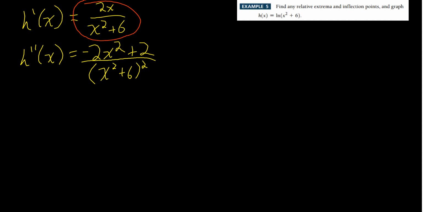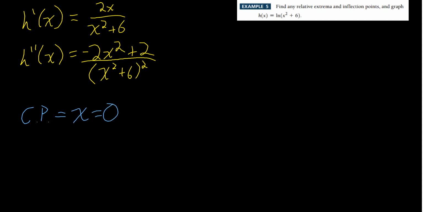However, the numerator will be 0 when x is equal to 0, because 2 times 0 is 0, and then 0 divided by anything is 0. So that's pretty easy. So my critical point is when x is equal to 0.